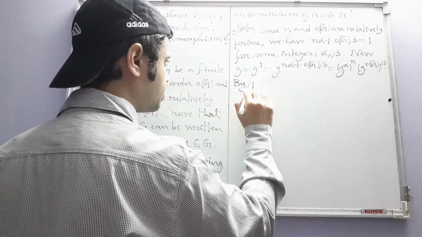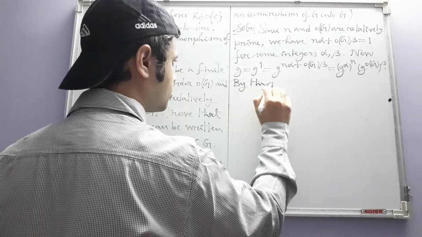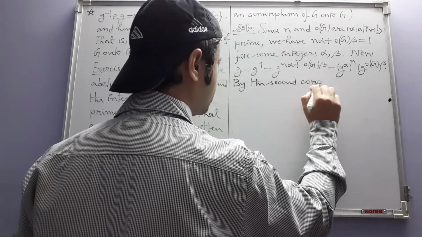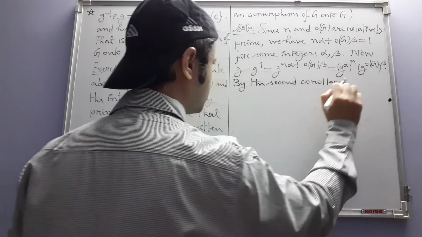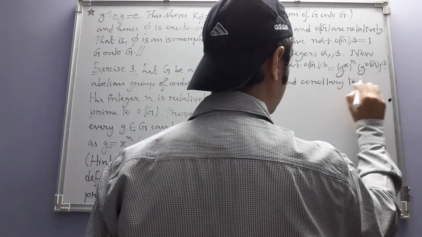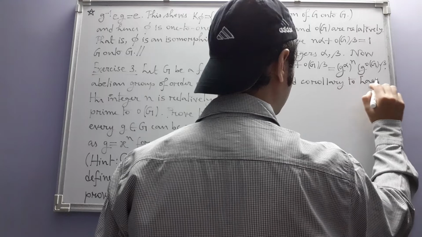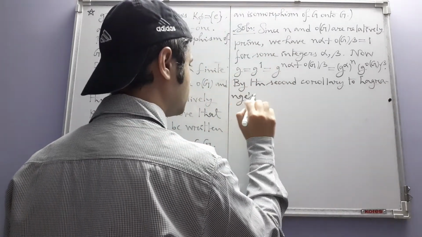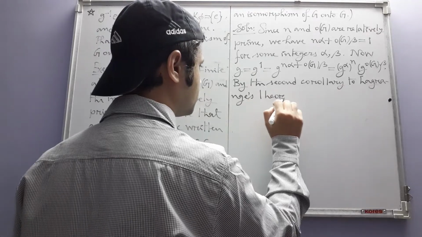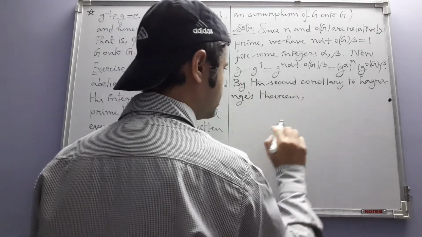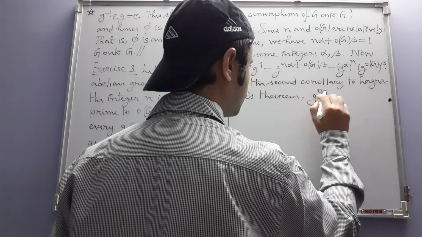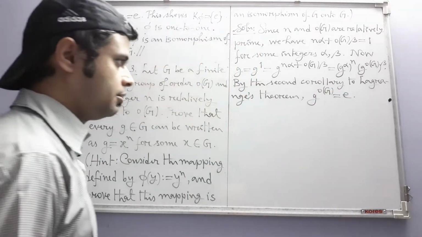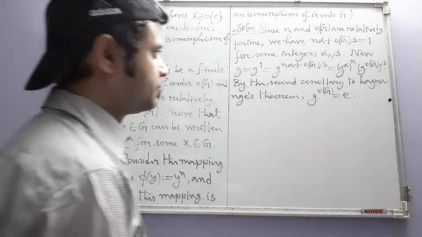By the second corollary to Lagrange's theorem, this is equal to the identity element of the group.